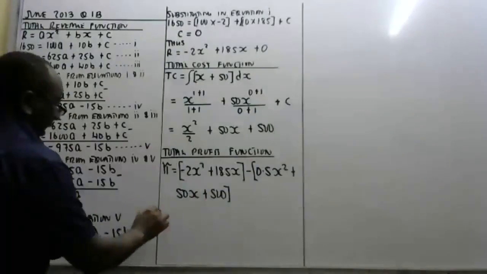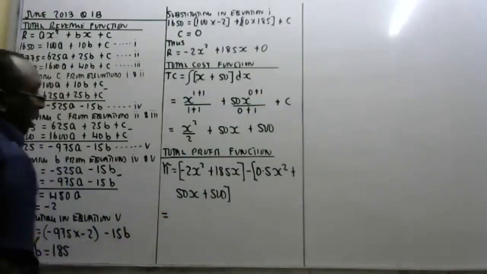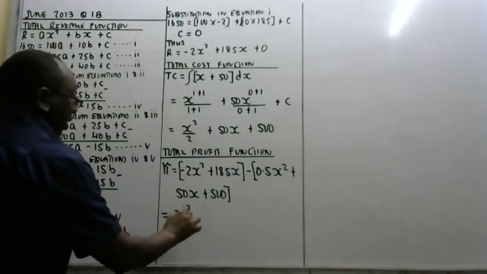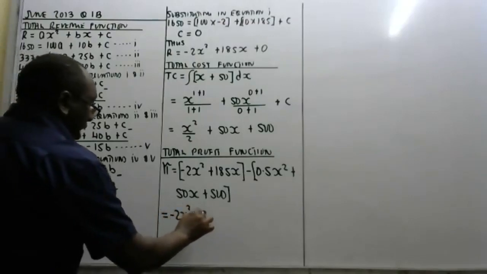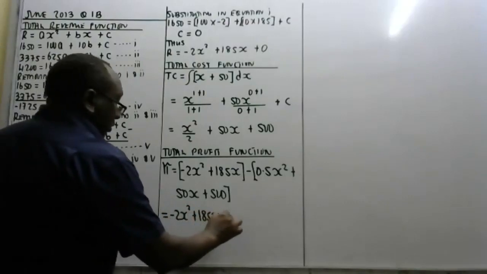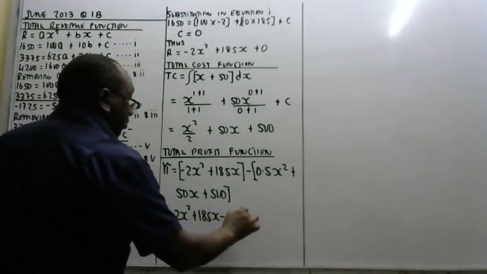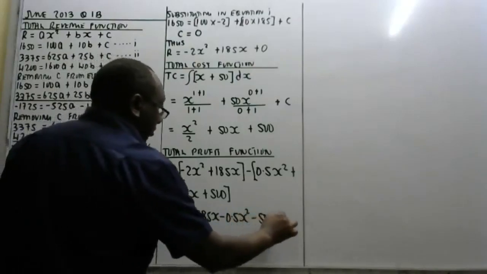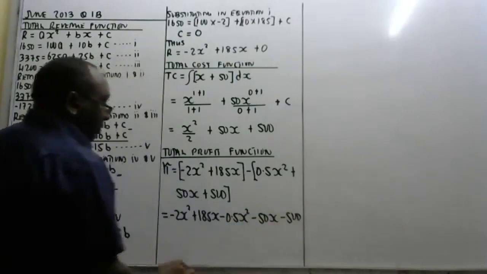So opening the brackets, we proceed and say, this is minus 2x squared plus 185x minus 0.5x squared minus 50x minus 500.